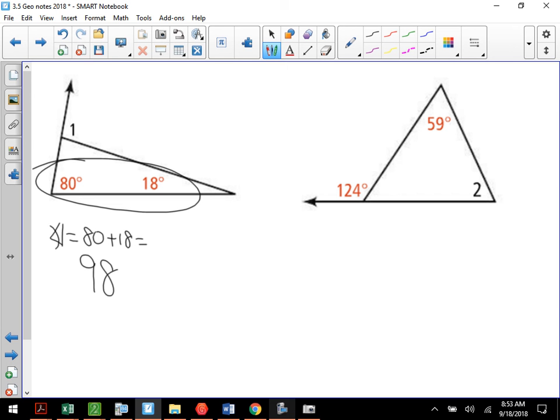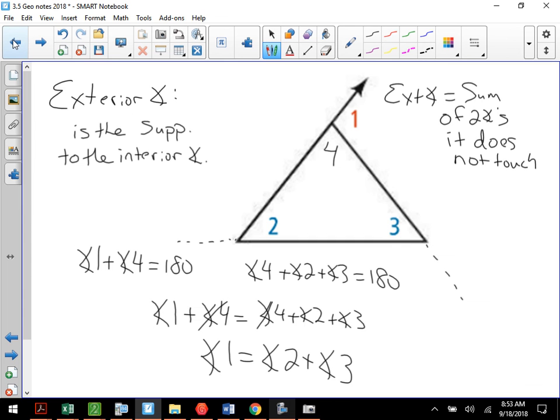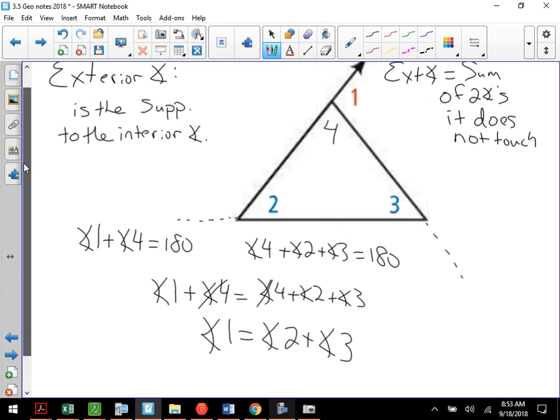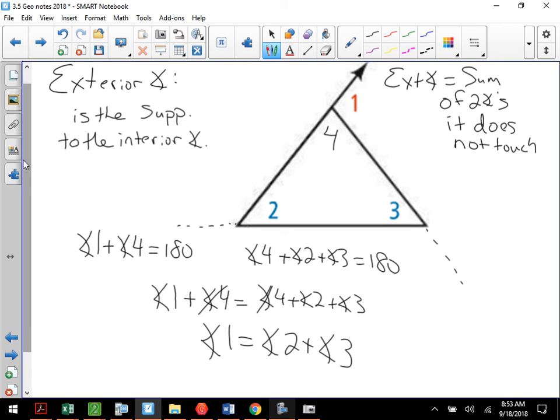Yes, sir. 124, is that an outside angle or an inside angle? Yes, ma'am. If you go back to what I told you, you just follow through on it. Remember, the exterior angle and the one it touches add to 180.